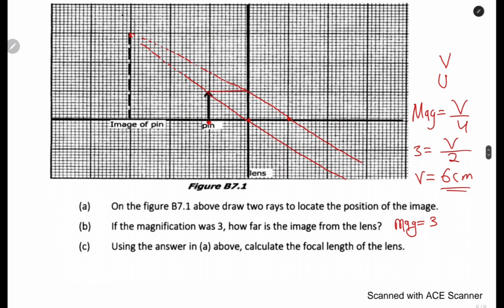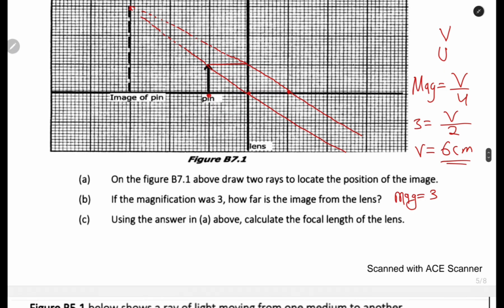Then using the answer in A above, calculate the focal length. So now, how do you find the focal length? There are two forms of the formula. One of them is 1 over f, f being the focal length, which is 1 over the distance moved from the optical center to the object, plus 1 over the distance moved from the optical center to the image.